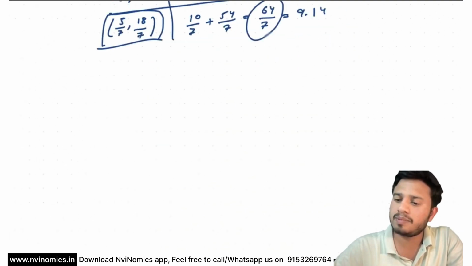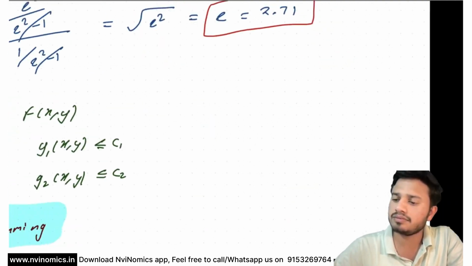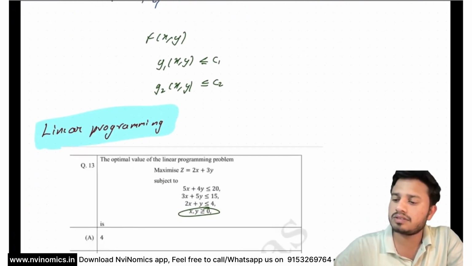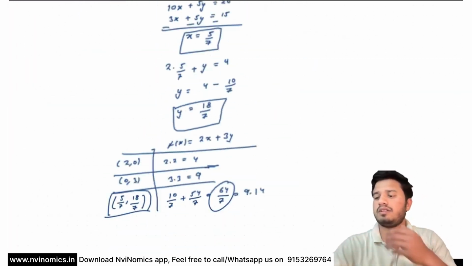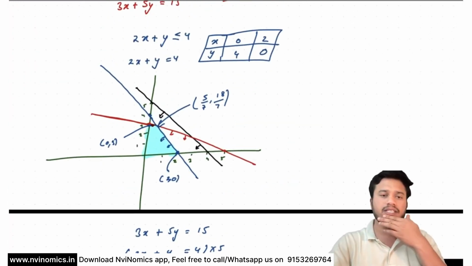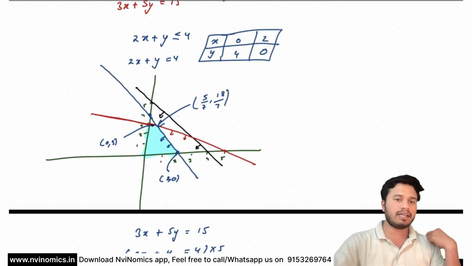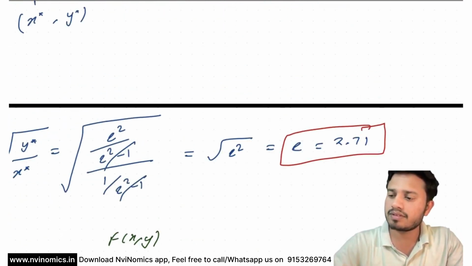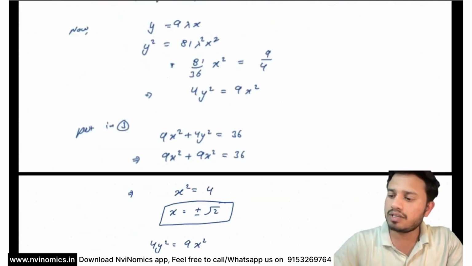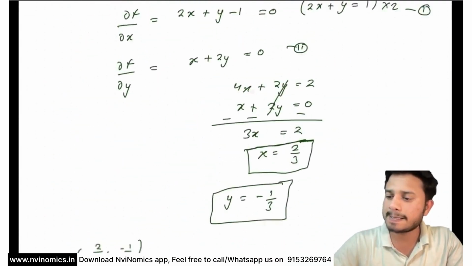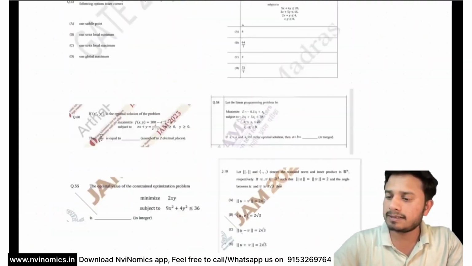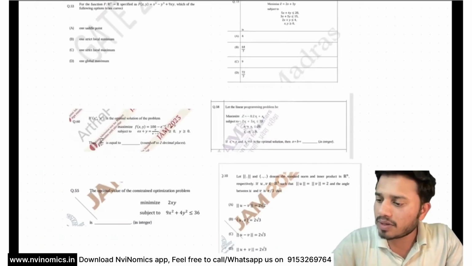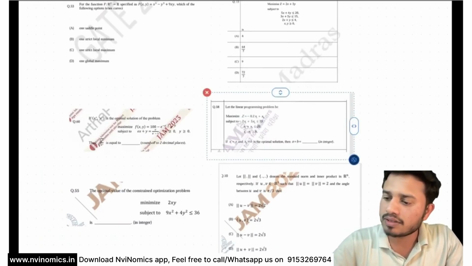This is how you do LPP problems. Just try to find the feasible region by making diagrams, and then you do. Okay. So just take one problem as homework.